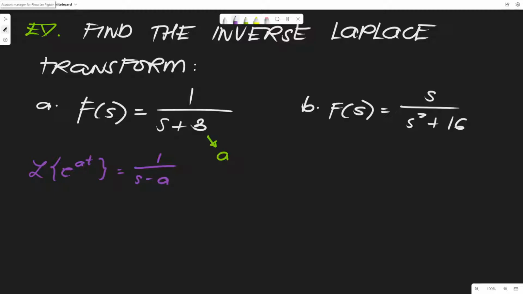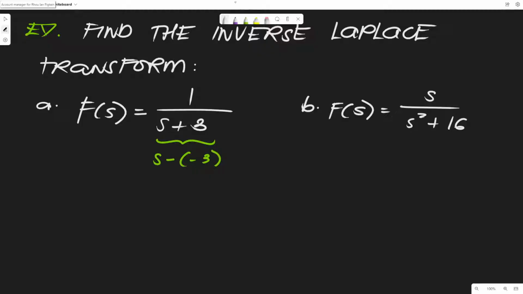So, ano kaya yung value ng a natin dito? Since this is s plus 3, as we all know, this is also equivalent to s minus negative 3. So, therefore, a is equal to negative 3.